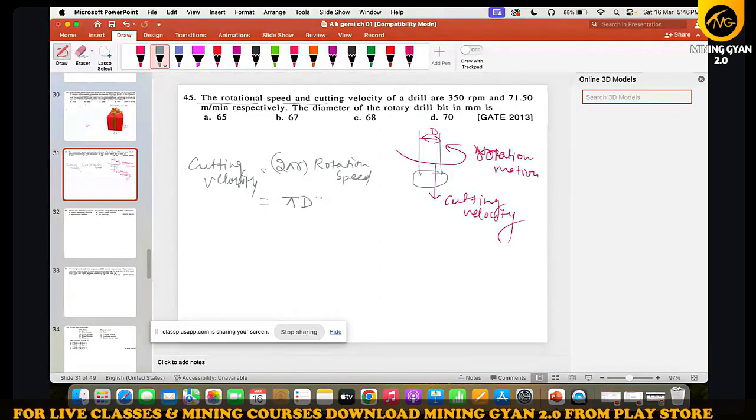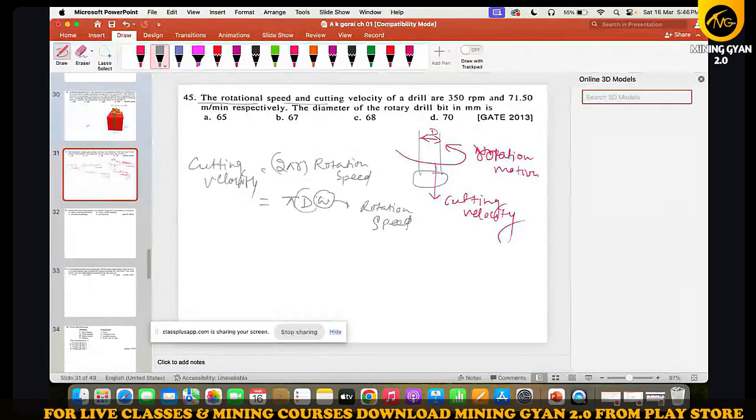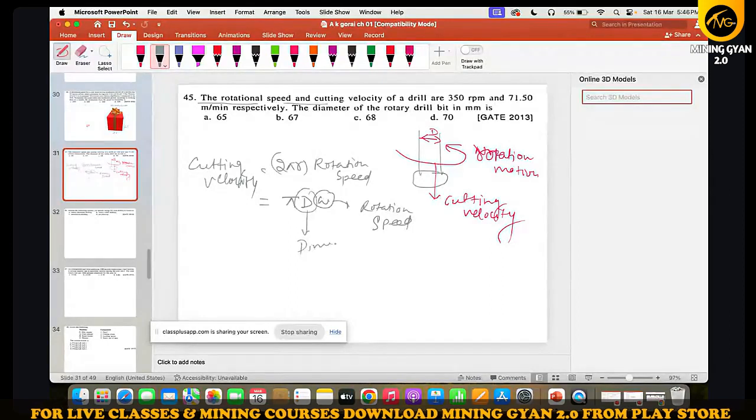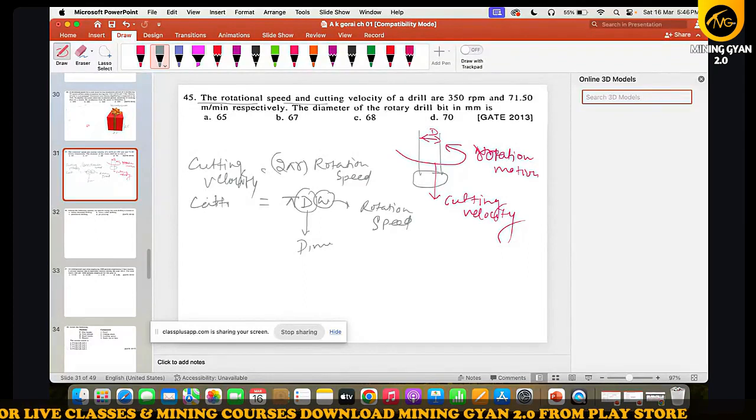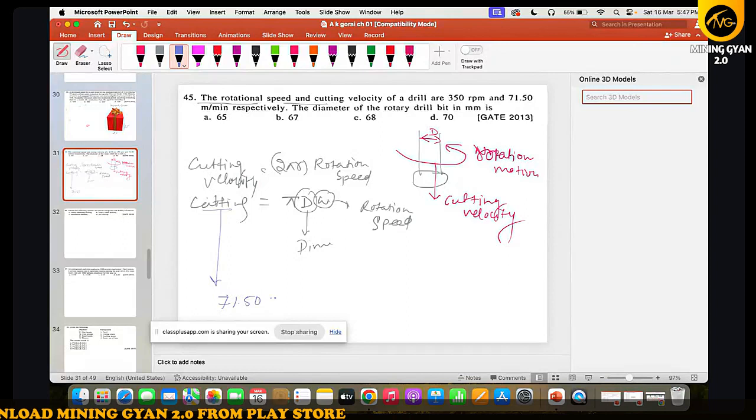Into rotation speed; I am taking w. So this is your rotation speed, this is your diameter, and it is cutting capacity, cutting velocity. So the cutting velocity will be, he has given us 71.50, and the diameter we have to find out.